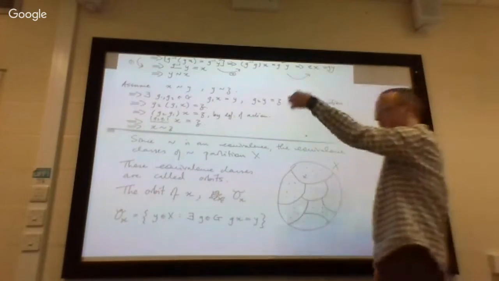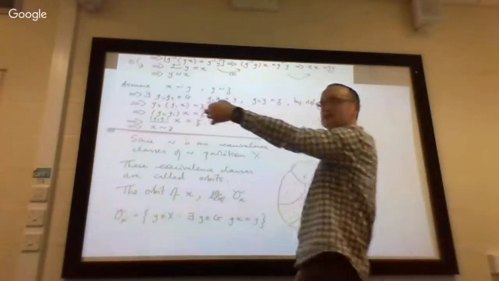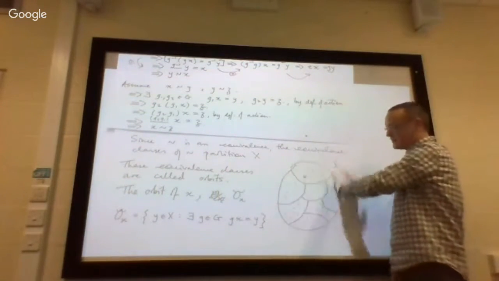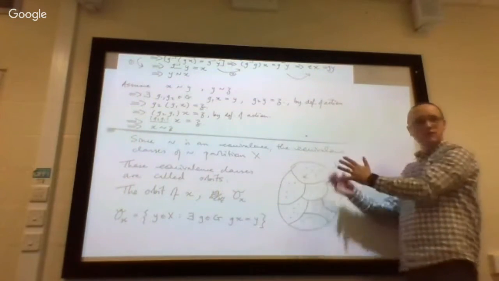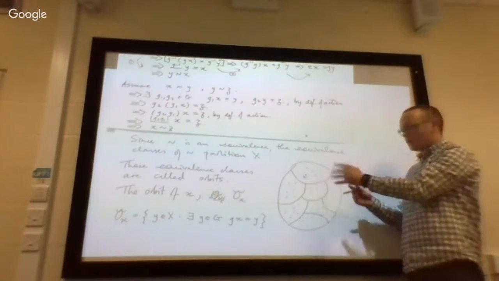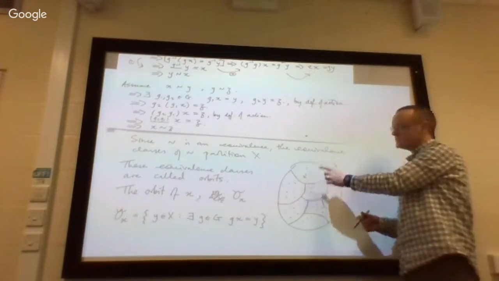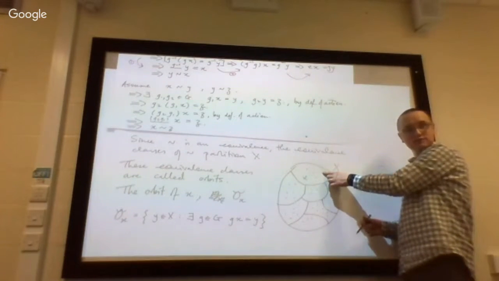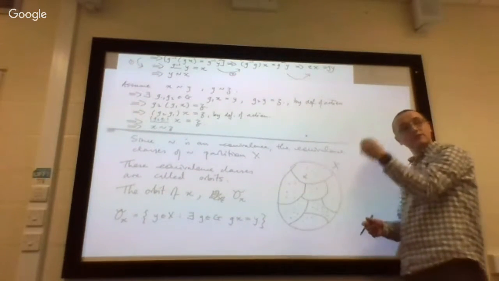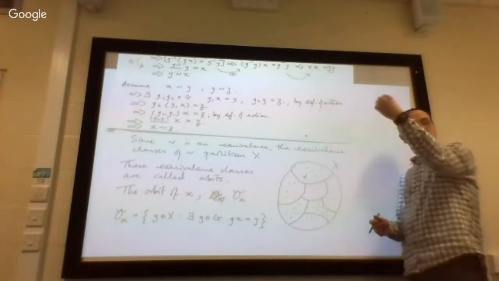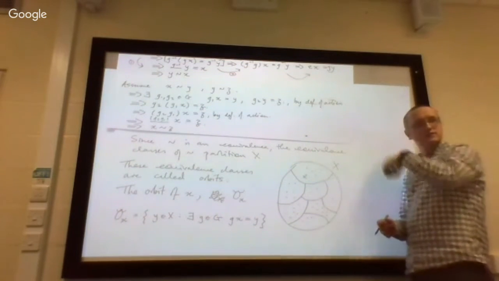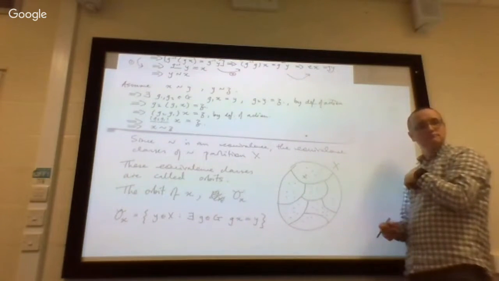If I pick a particular element, little g, from the group, I act on every element there. It moves them all around, but they only move around within their orbits. So this X will only move to something else in its orbit, because the orbit is by definition all the things it moves around through under action from elements of the group G.